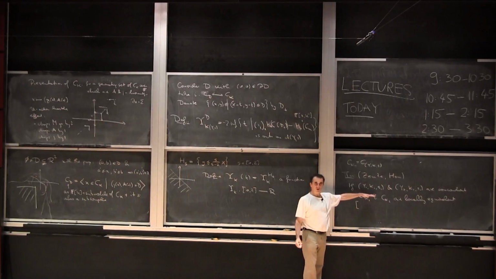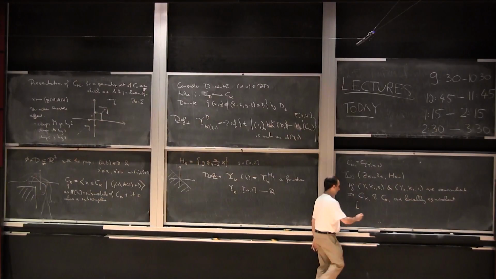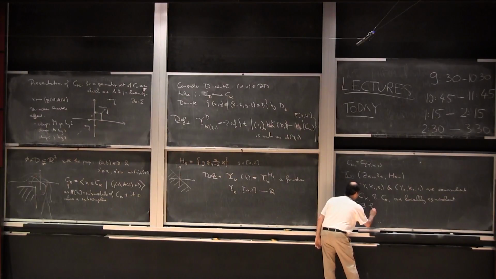Well, if they are only concordant, there are still maps between the chain complexes, but we require less from them. And this is what I would like to spell out.